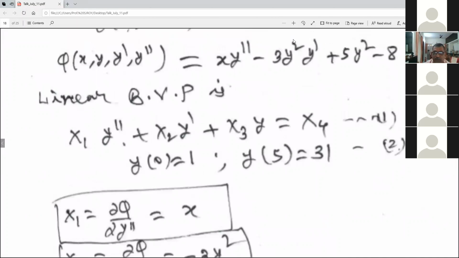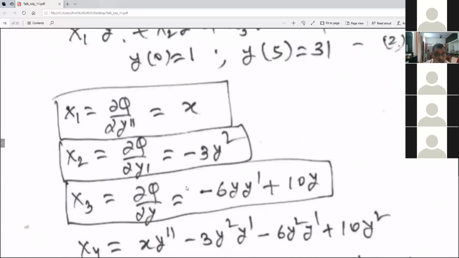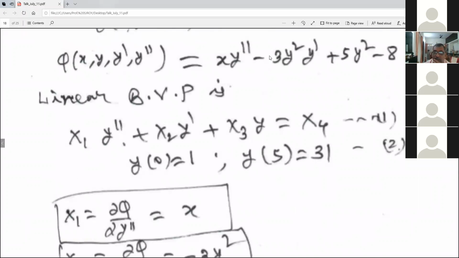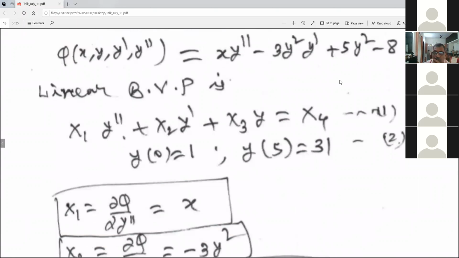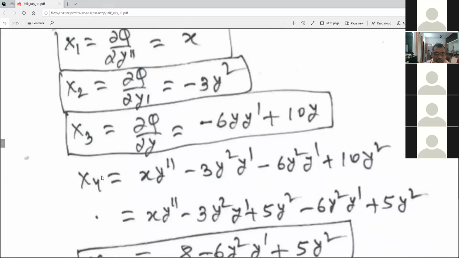Only this much will come. And x3 is the derivative with respect to y. That will come only from these. Correct. And then x3 and x4 is x into y double dash minus 3 y square y dash minus x3 into y. So I got all this.